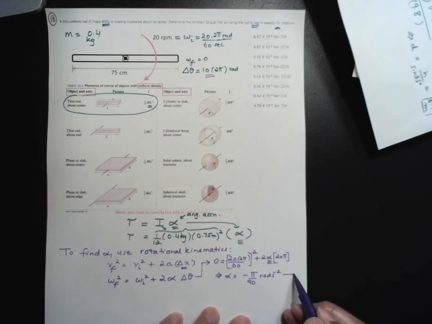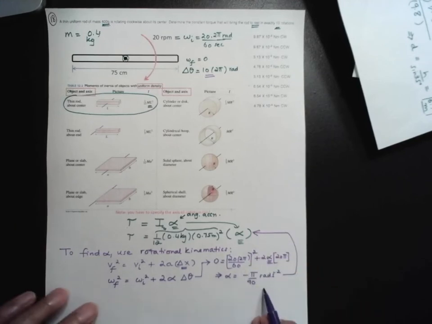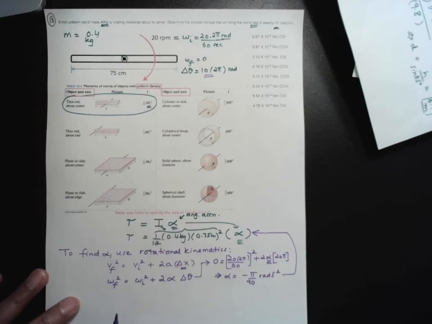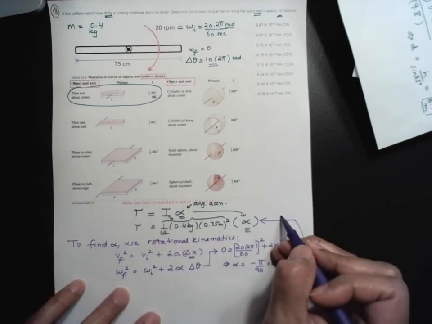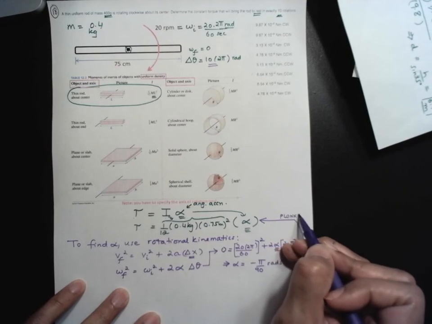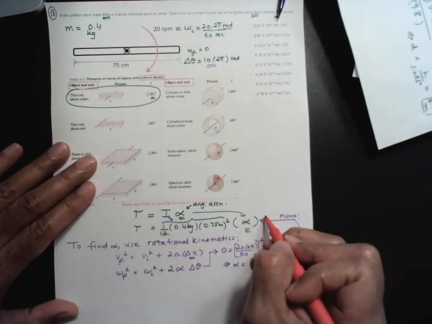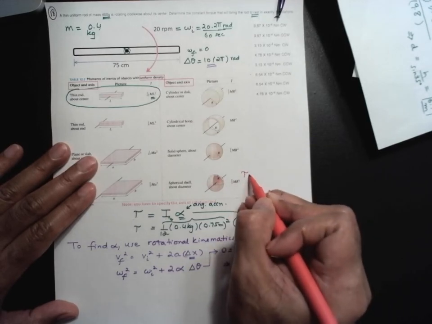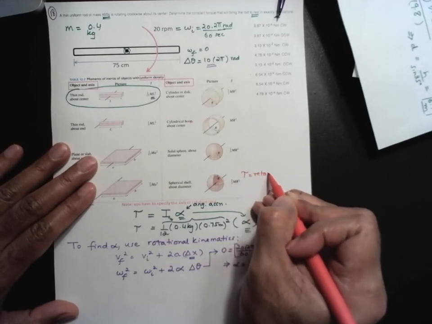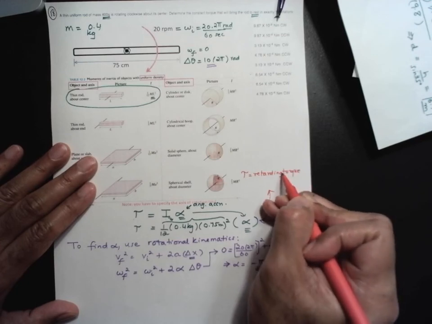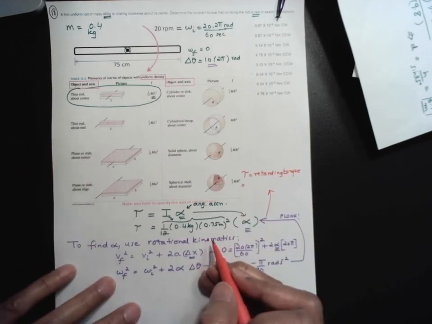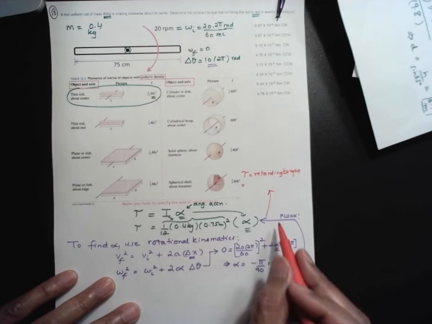I plug that in and get the retarding torque, and that's why it's negative.